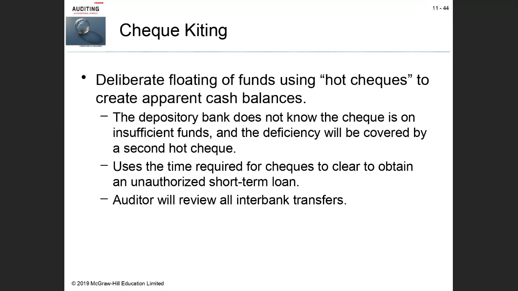You don't see check kiting too much anymore, because the banks know about it, and they usually hold checks for several days now, typically if they're over $500, to prevent check kiting. There's a lot of fraud going on with respect to smaller amounts. So if you've run across banks holding checks for quite a while, it's because of check kiting.